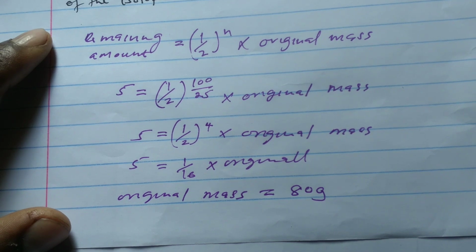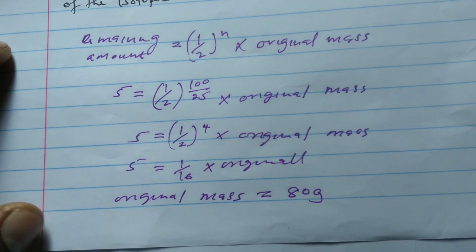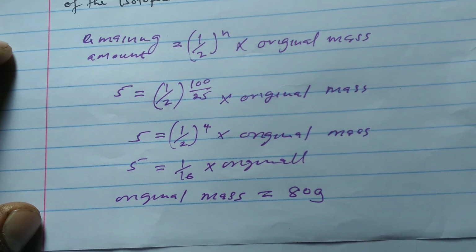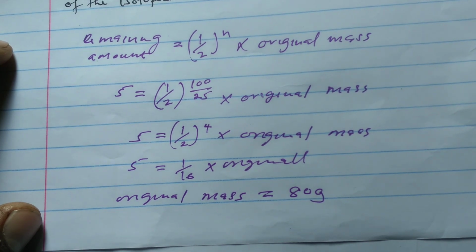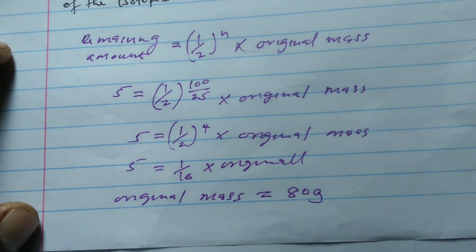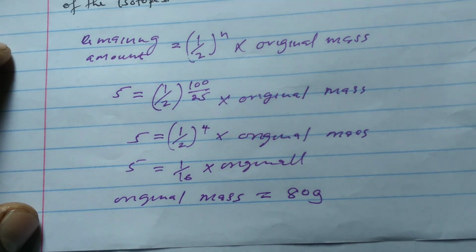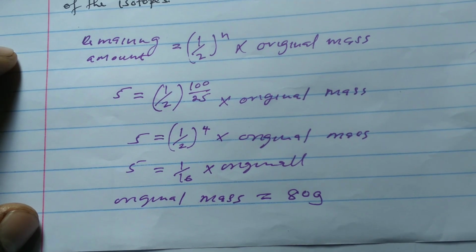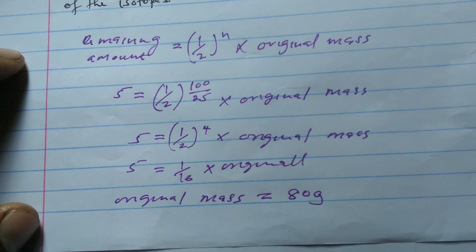So that's how you can calculate radioactive decay and get either the initial amount in grams or any other quantity using this particular formula.